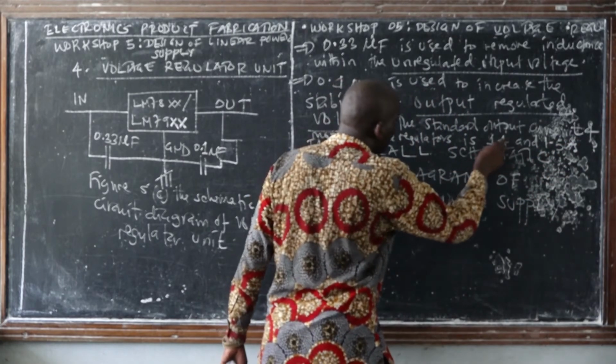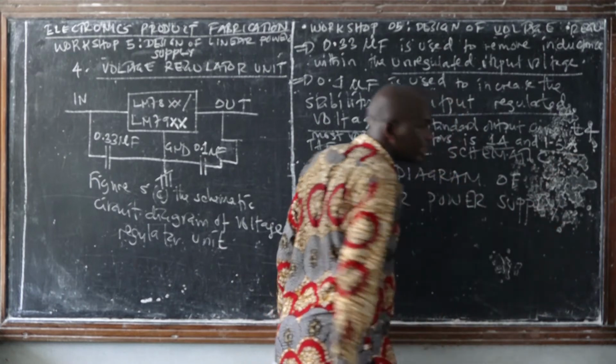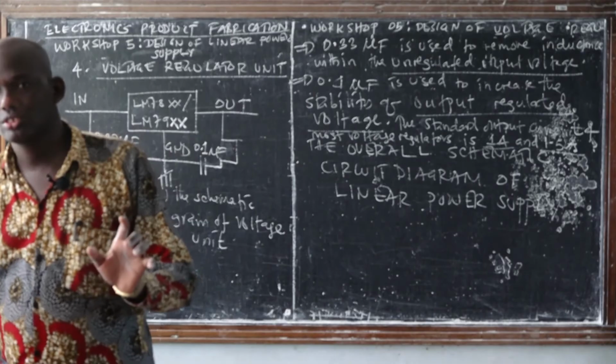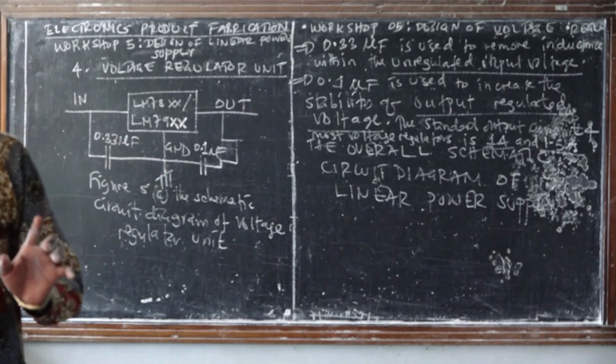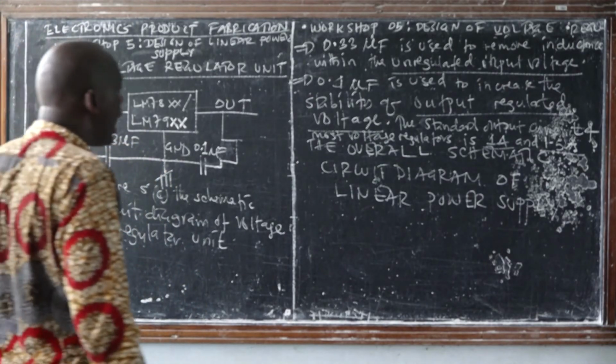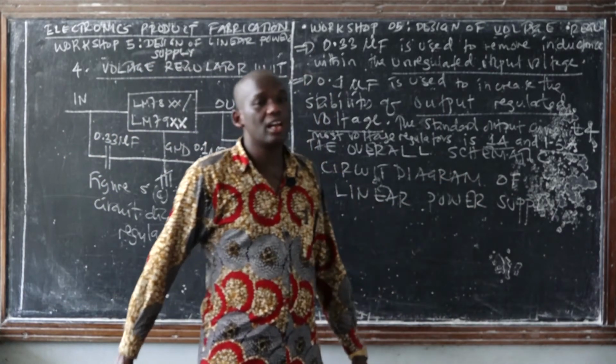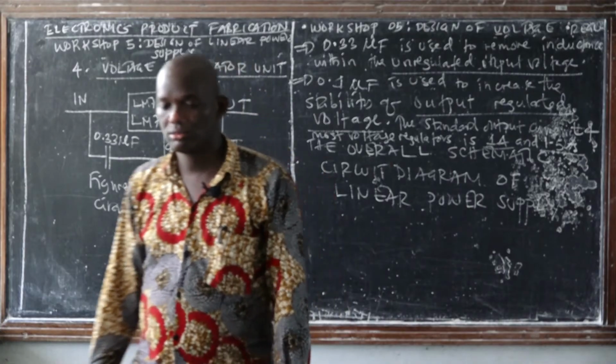This is a very important parameter, especially if you are designing a huge system. So the standard output currents of most voltage regulators are 1 ampere and 1.5 ampere.